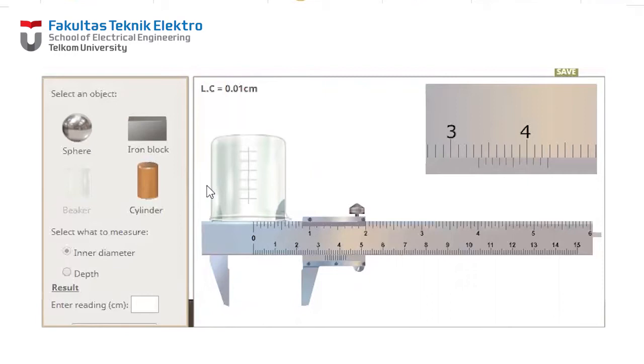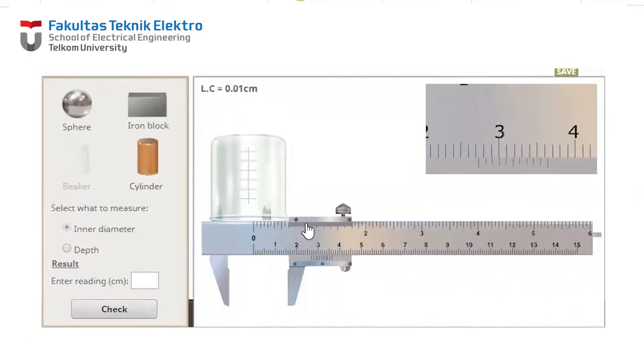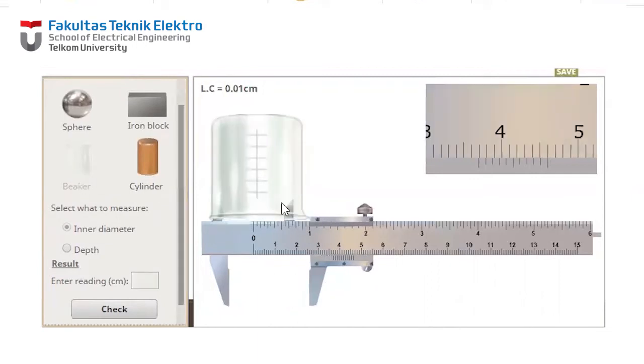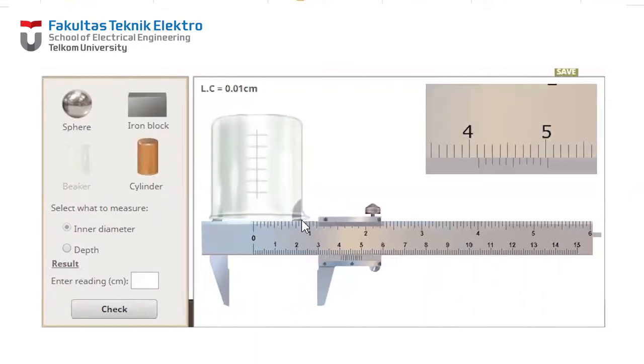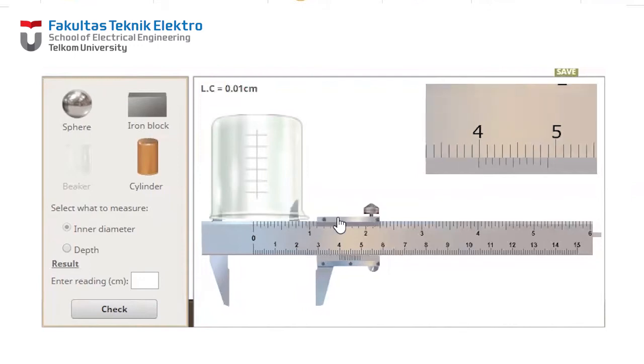Okay, the first object we're going to measure is a beaker glass. Let's measure the inner diameter first. As we can see on the screen, you all have to put the tip of the calipers to the beaker glass, and then put the other side of the tip.